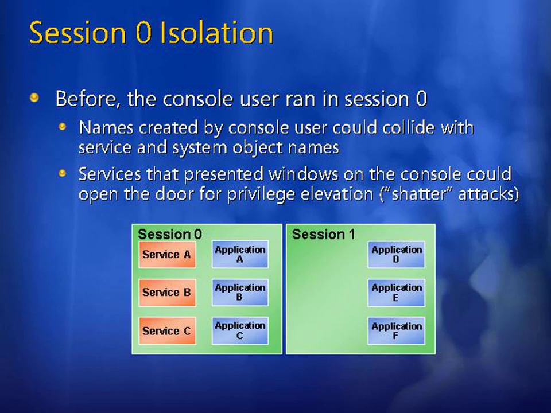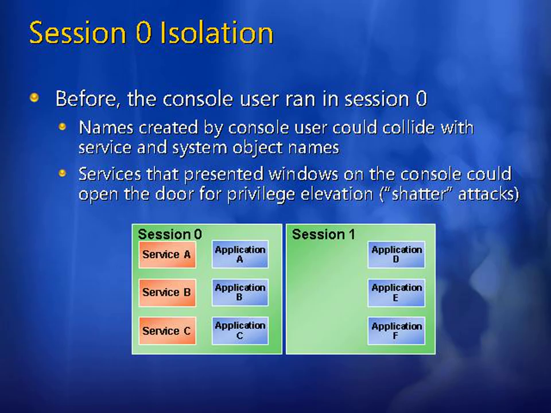There was another reason for the separation that Mark just showed about the console user being in session 1, and that is for security reasons. The namespace that processes shared in XP and earlier for the console user raised the issue of name collisions, a global name for some synchronization object that a Windows System Service process created that could also be referenced and perhaps hijacked by some other process that the interactive console user would run.